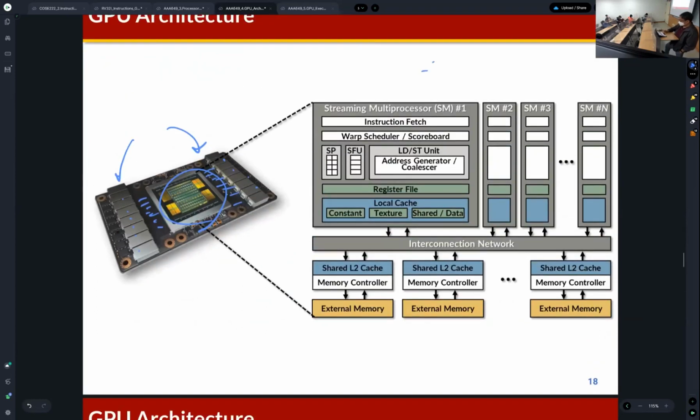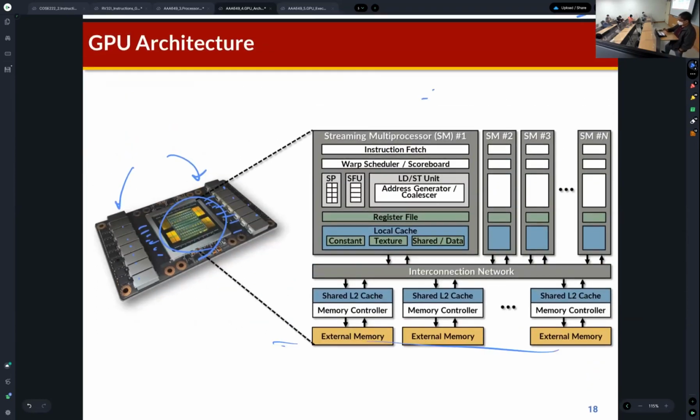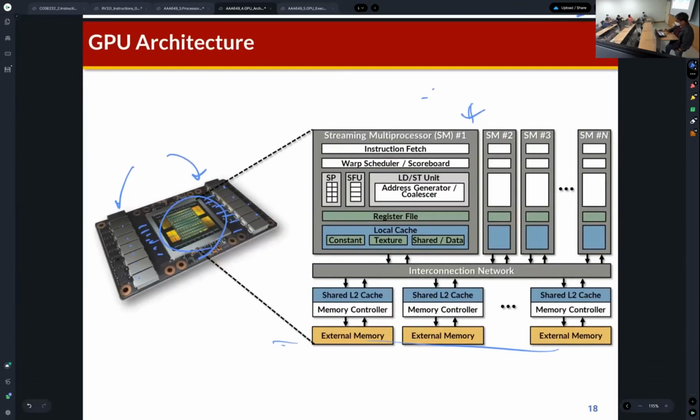So you can find the architecture of the GPU here. This figure shows the brief architecture of the GPU. This is the external memory, the GPU device memory, and the GPU chip includes everything up to this part.